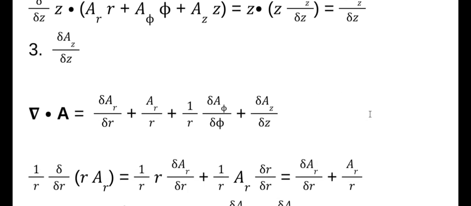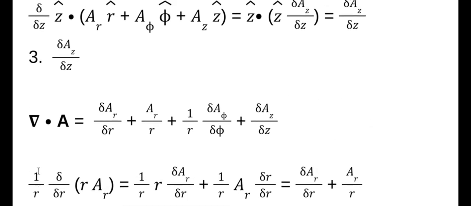It's so simple. If you take this expression, 1 over r times the partial of r A_r with respect to r, this is once again a product rule, right? So you got 1 over r times the derivative of the partial of A_r over r plus 1 over r, the second times derivative of the first.